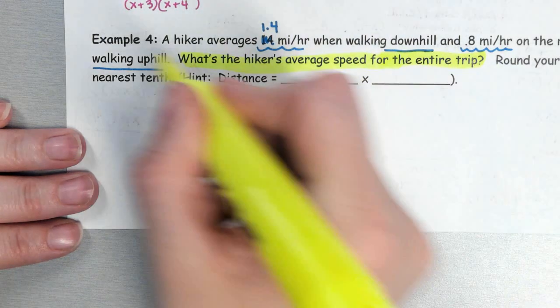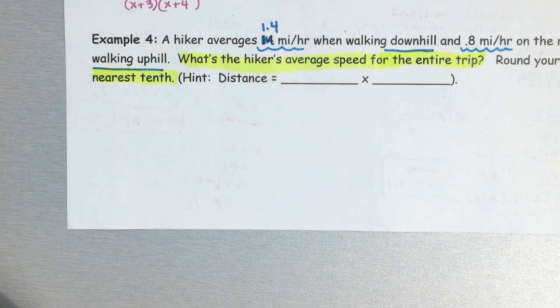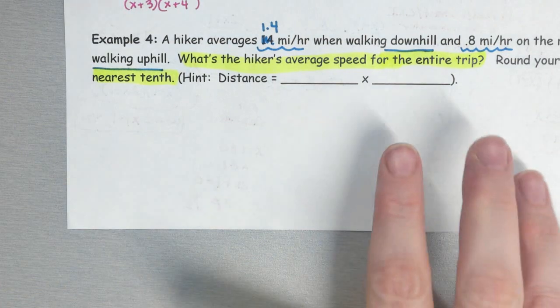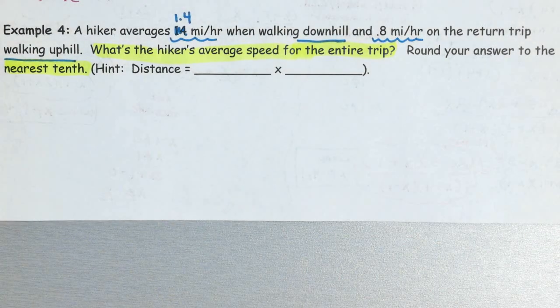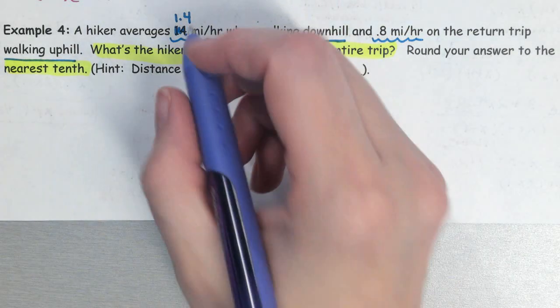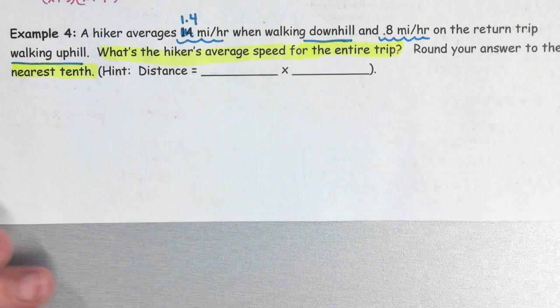We are going to round to the nearest tenth, and this is one that you would be allowed to use your calculator on if you have decimals, okay? So in order to solve this, we have to think of this common equation. Do you guys know the distance equals what times what?